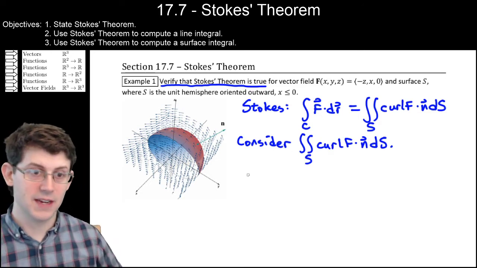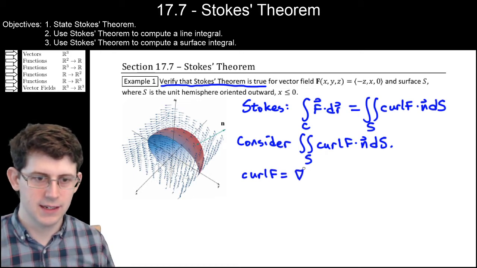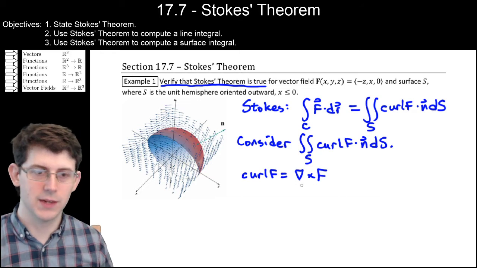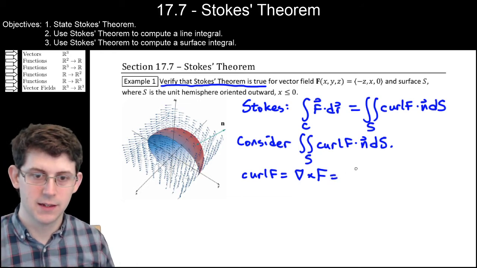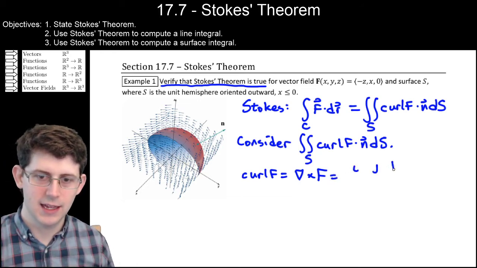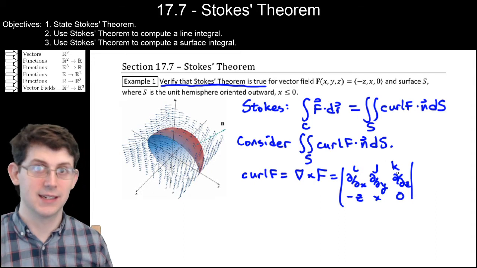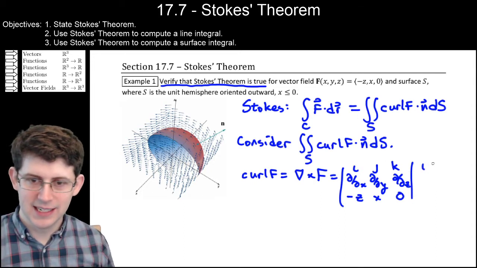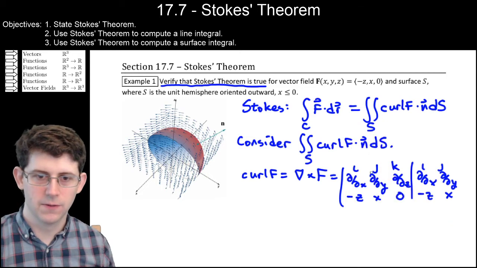Well, we'll have to find the curl of the vector field. The curl of the vector field is del cross the vector field. This was the way that we defined it, where del is partial x, partial y, partial z. So we've got i, j, k, partial x, partial y, partial z, and then the vector field. And we're finding the determinant of this matrix. The way I've been finding determinants in this class is to just copy down the first two columns, and then go forward.